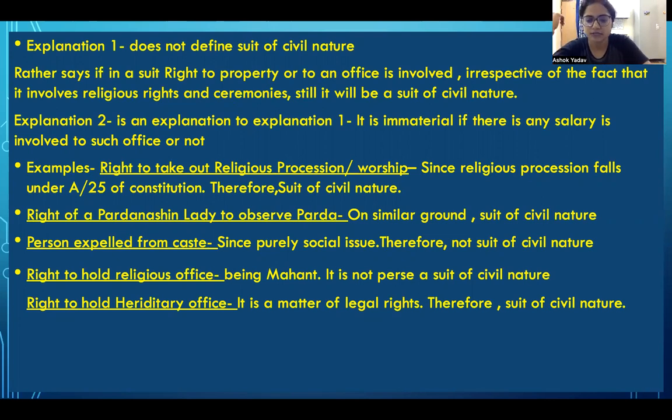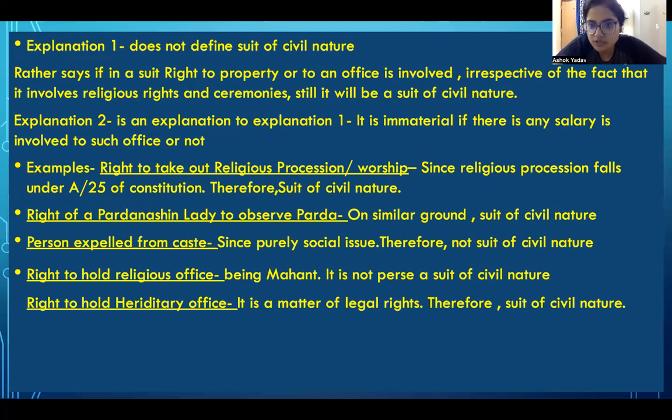Now let's take some examples, because sometimes they may ask questions like whether this right or this case is a suit of a civil nature or not. So I am covering a few important ones, like the right to take out a religious procession or worship.